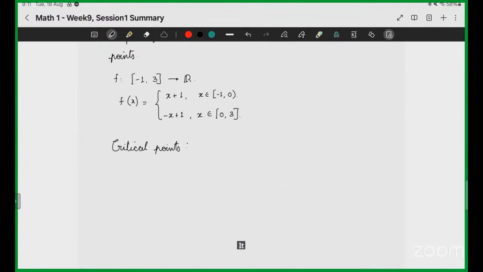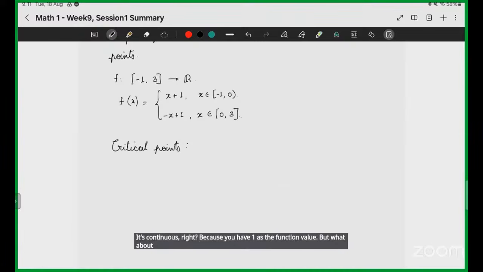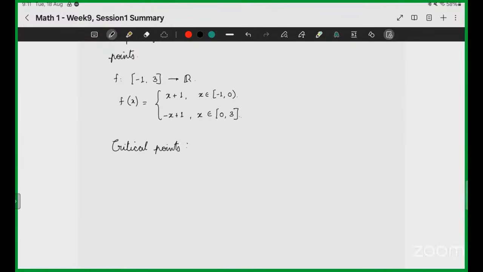It's continuous, because you have 1 as the function value. But what about the nature of the tangent? Is it differentiable? It is a linear function on both sides, but the join of those linear functions needs to be smooth, right? Only then would it be differentiable.